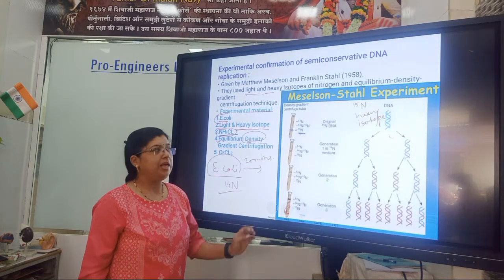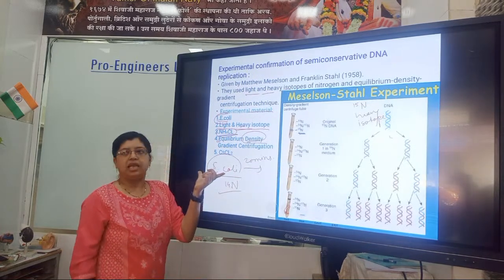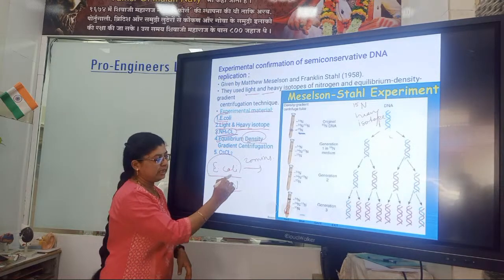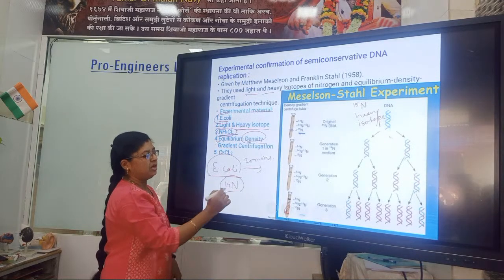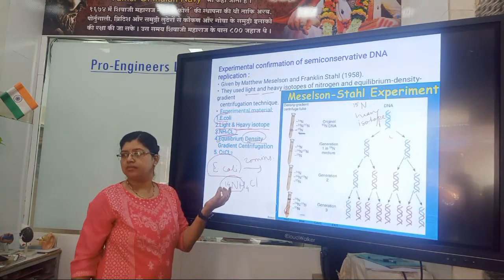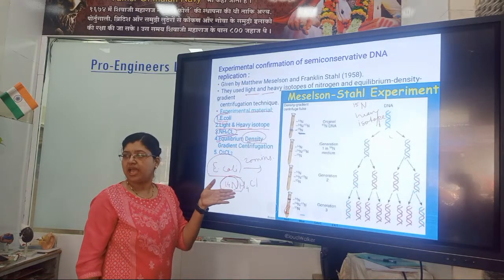After 20 minutes, in the first generation, they allow the E. coli to grow in this medium, means 14N NH4Cl, means the N containing 14, that is light isotope.